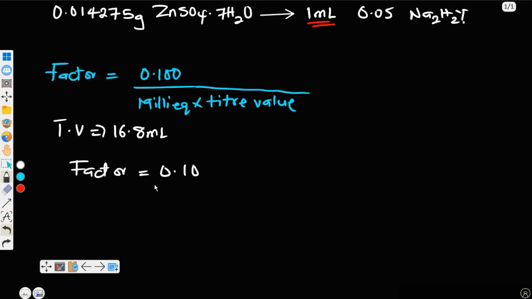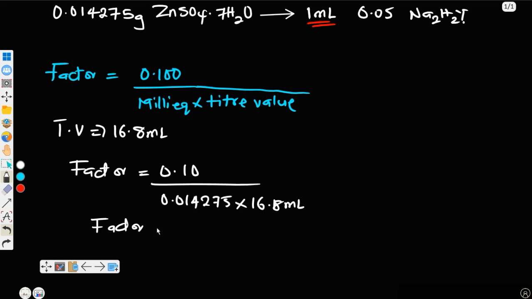All right, so that at the end of the day, your factor now for this one will be 0.1 divided by, what's your milli equivalent? 0.014275 times the titer value, 16.8 ml. So what will be our factor? Factor will be equal to 0.1 divided by 0.014275 times 16.8 ml.